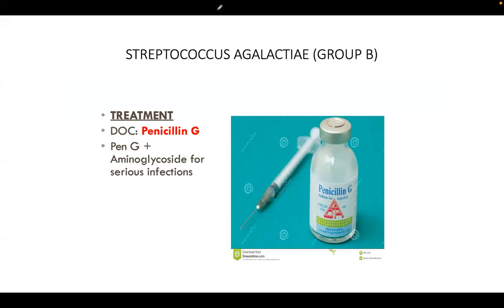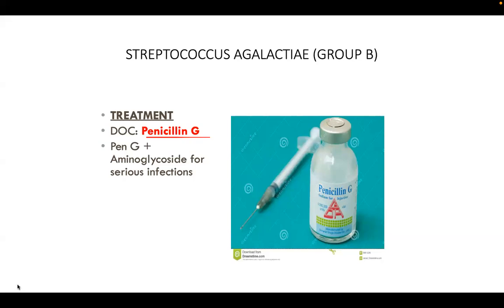Now treatment, we still give penicillin. Basta gram positive, we give penicillin. If it is serious, especially for neonates, then we give aminoglycosides.